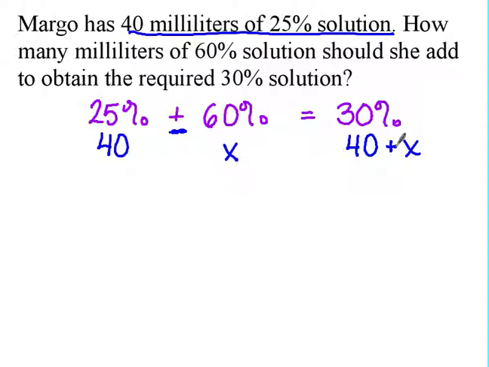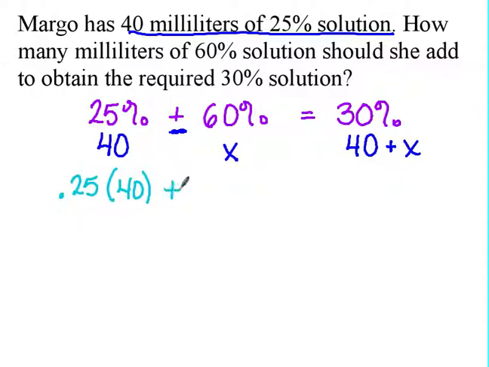Okay, so in this case, my biggest one is going to be the 30%. So let's go ahead and multiply. What should my next line look like? 0.25, and then what? Times 40, good.